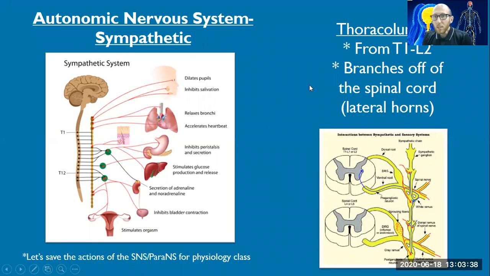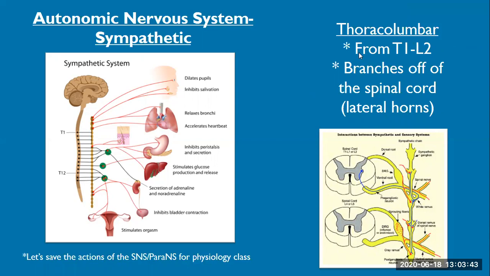Well, it's technically from levels T1 to L2 of your spinal cord. So we call that the thoracolumbar region, T1 to L2.